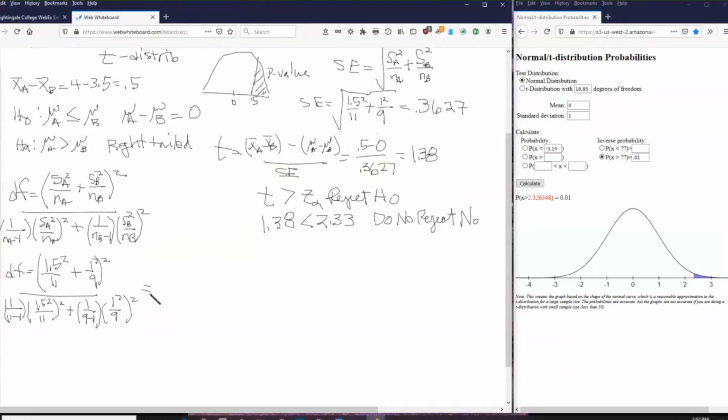And then when I calculate all of those numbers, that's going to give me a degrees of freedom of 17.4.